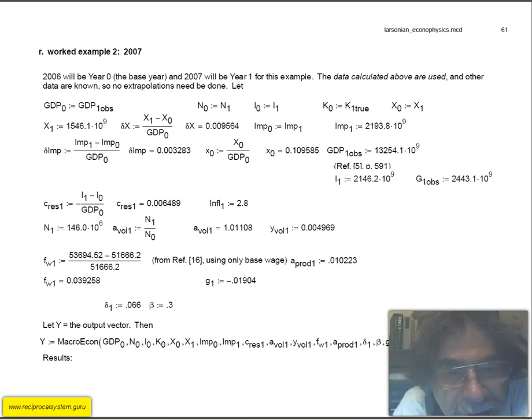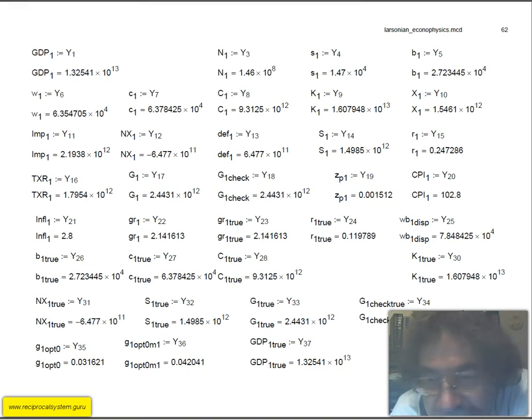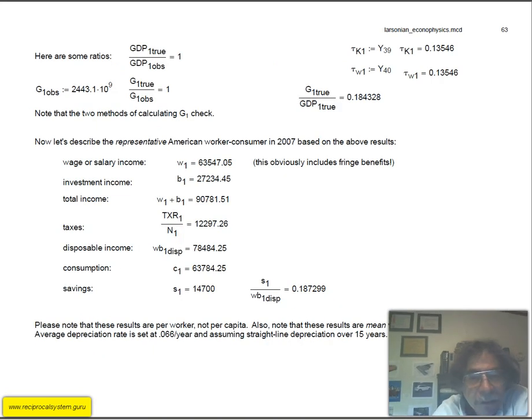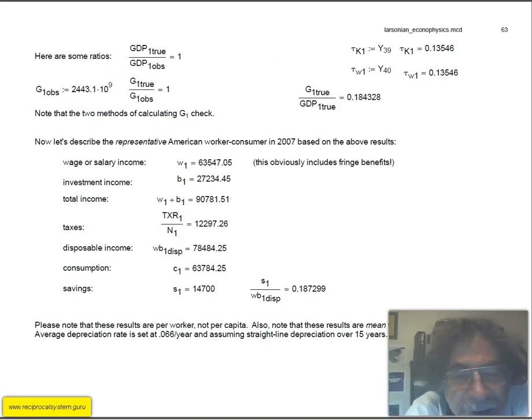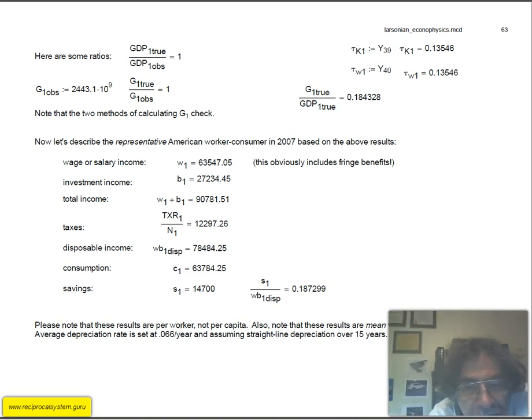And then we have the next one, worked example 2 for 2007. Again, take a look at the paper, and you can see all this stuff here. So let's describe the representative American worker consumer 2007. So in 2007, W sub 1 is 63,147.05. B sub 1 equals 27,234.45.